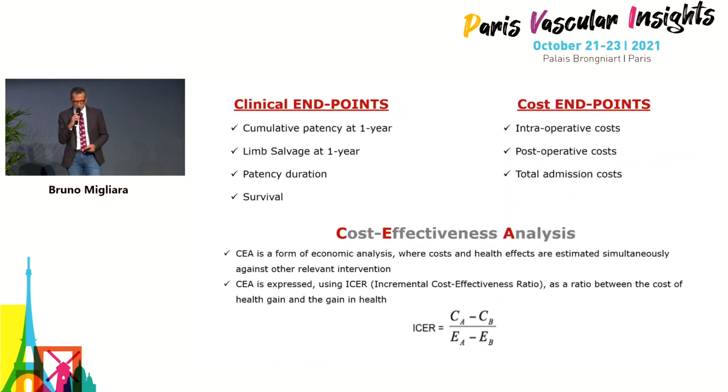These are our clinical and cost endpoints. We apply in this case the cost-effectiveness analysis, the ratio between the cost of QALY gain and the gain in QALY. This is in order to evaluate the possible dominant therapy.